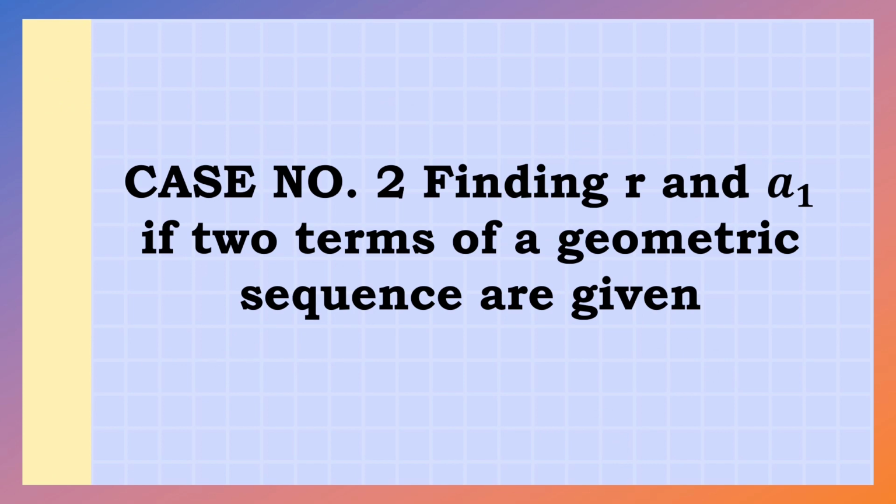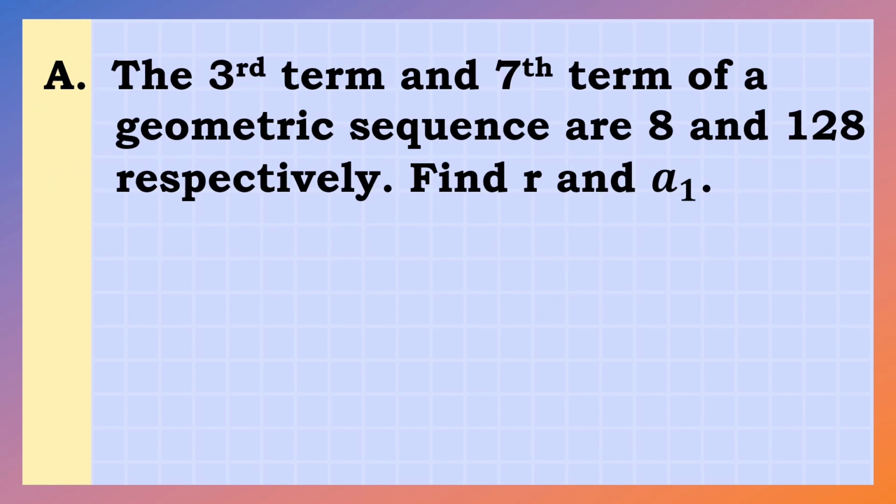Let's proceed to case number 2. Finding r and a sub 1 if two terms of a geometric sequence are given. First example. The third term and seventh term of a geometric sequence are 8 and 128 respectively. Find r and a sub 1. We need to find r first.